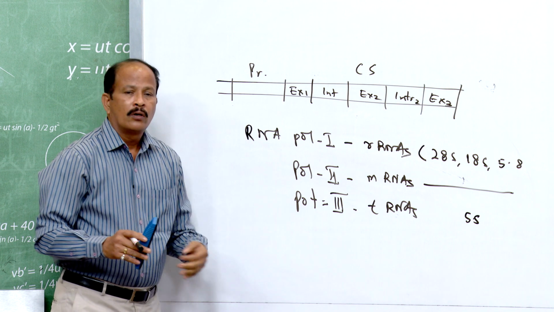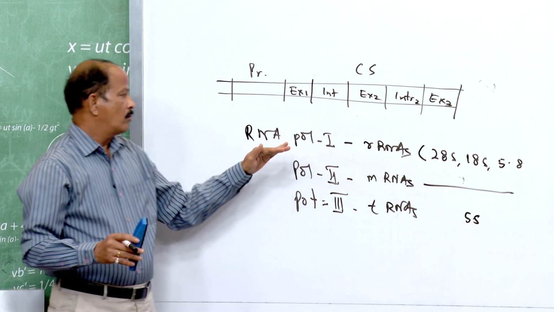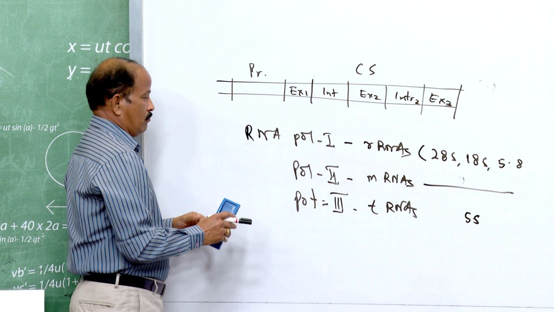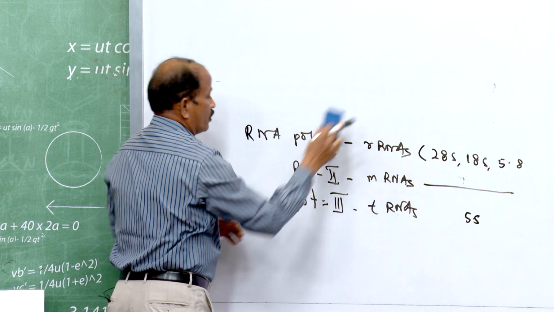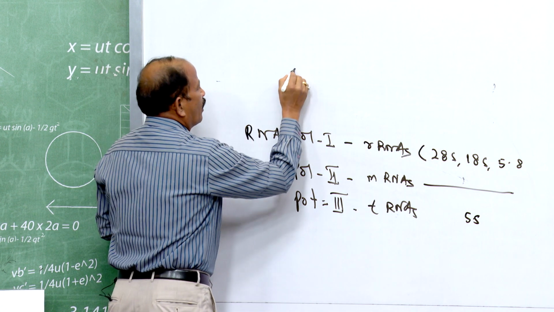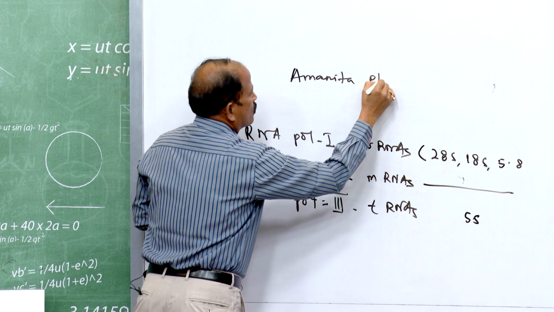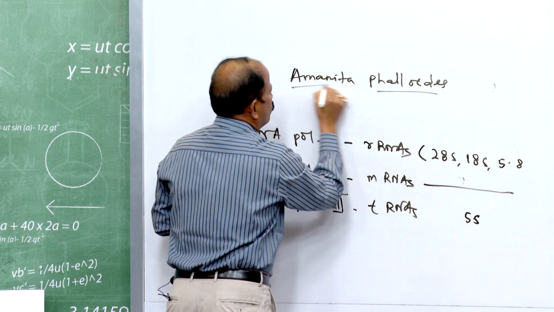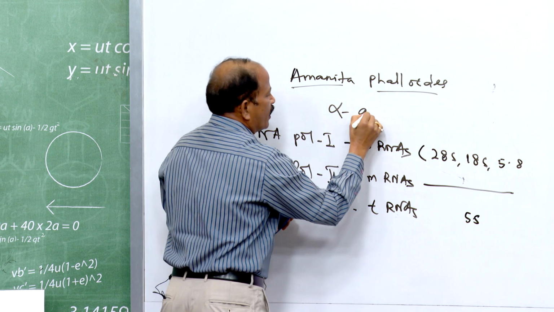Now, these could be distinguished because of one poisonous mushroom toxin, Amanita phalloides, generally called the death cap mushroom. It has one active component called alpha amanitin.